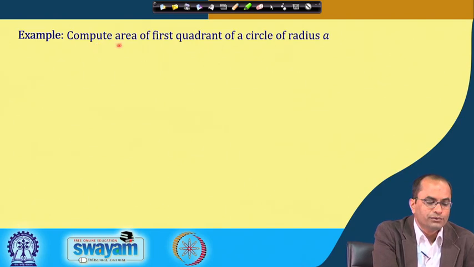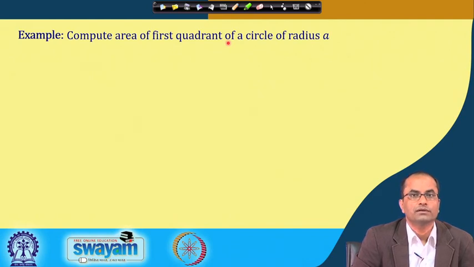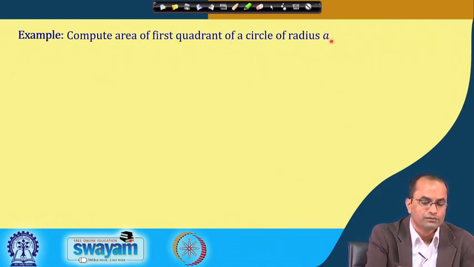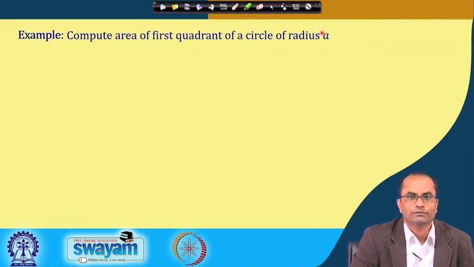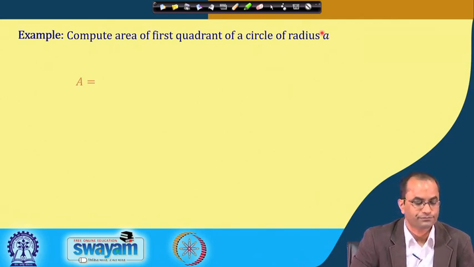So, we want to start with a very simple example: compute the area of the first quadrant of a circle of radius a. So, we have a circle of radius a and we want to compute the area. Again, for the area we just assume that the function f is 1, and then we get this integral over r dr d theta, which will give us the area, as we have done in Cartesian coordinates.